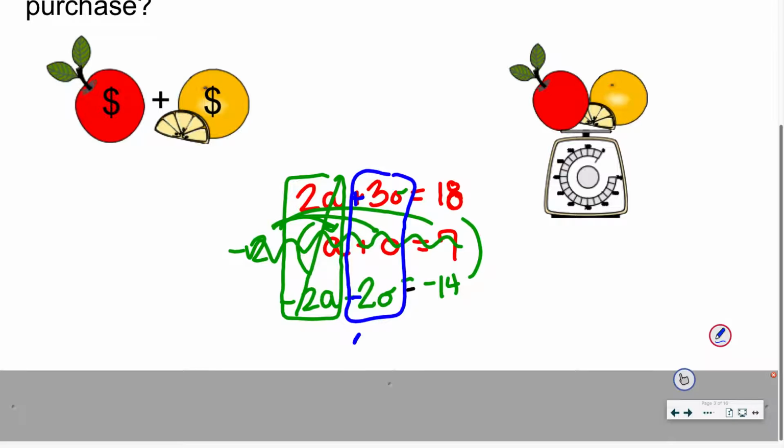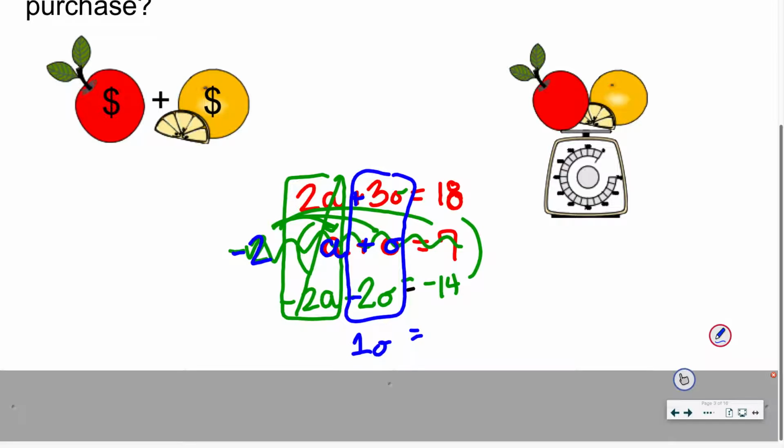Are you multiplying the top or the bottom? I already multiplied the bottom equation. We multiplied everything by -2. Yeah, but isn't that O a 0? No, it's an O. It's a 1. Oh, so -2 times 1. I thought it was a 0.